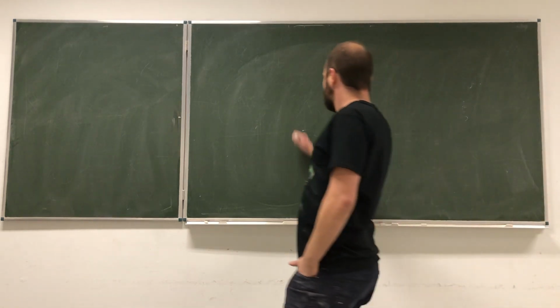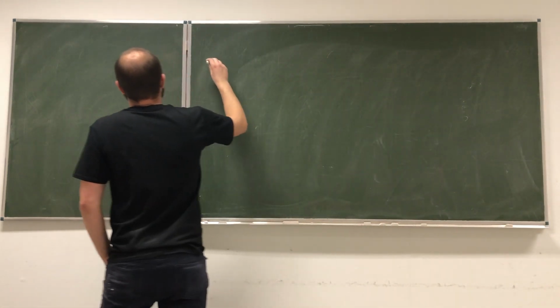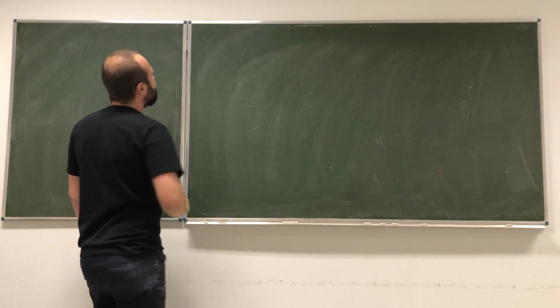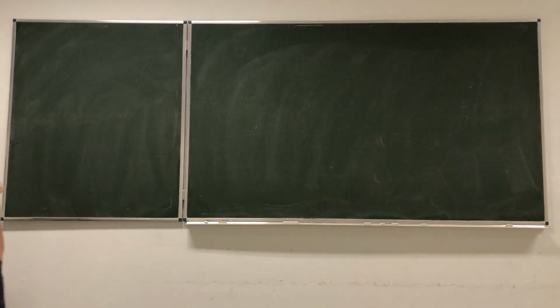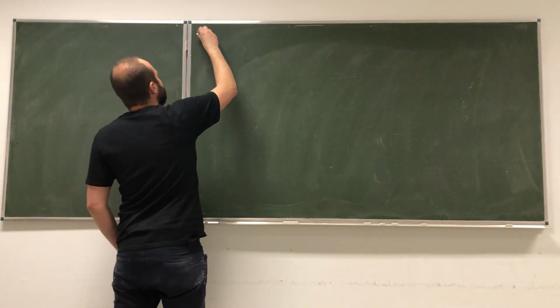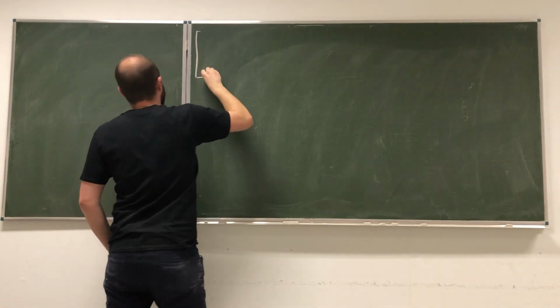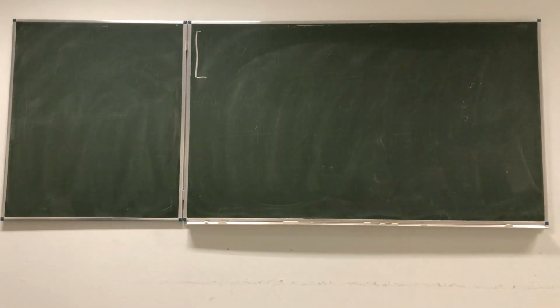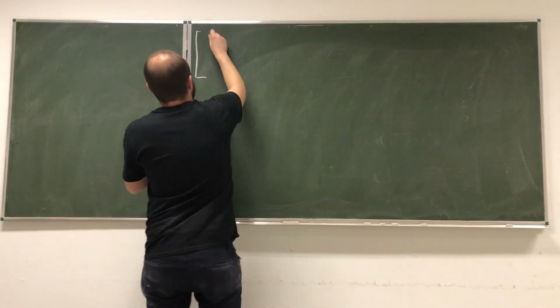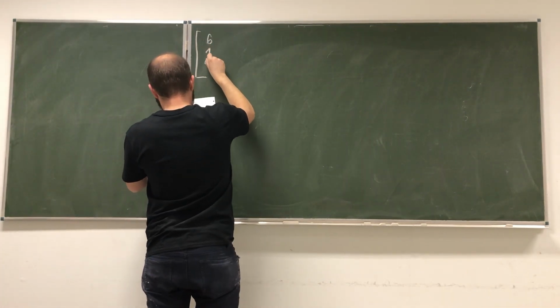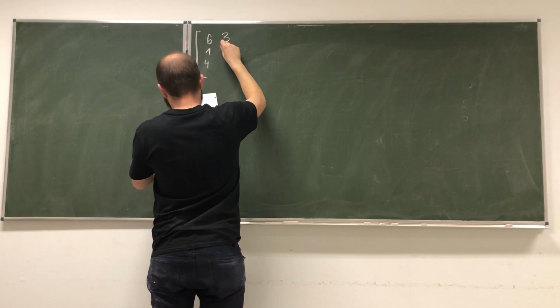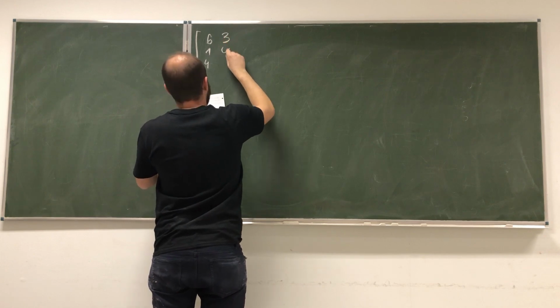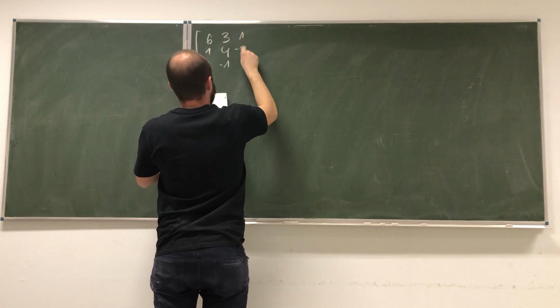Look, let's just say that we have a system of simultaneous equations. Okay, let's just say that we've got a matrix like this. This matrix goes like 6, 3, 1, 1, 4, negative 2, 4, negative 1, 5.